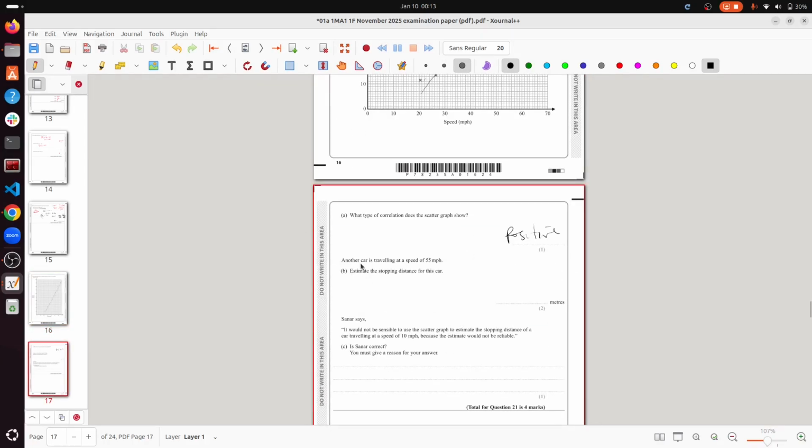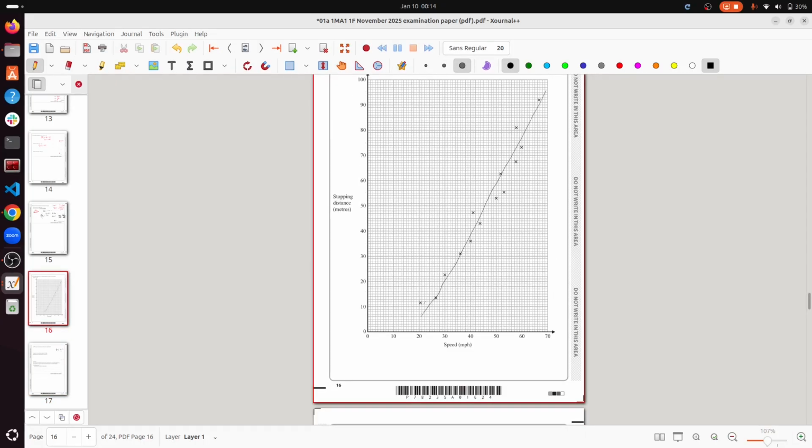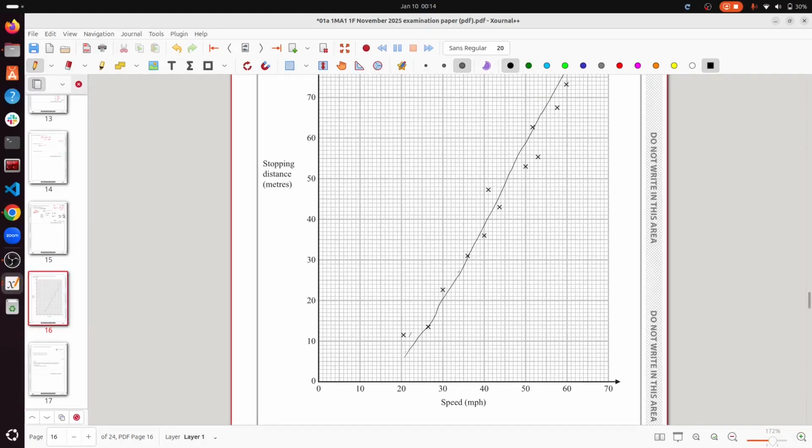It says another car is traveling at a speed of 55 miles per hour. So looking at 55, I would have gone to 55. Let me increase this. So 55 would have been at this point. Tracing that upwards, all of this should be done using the ruler, which I don't have.